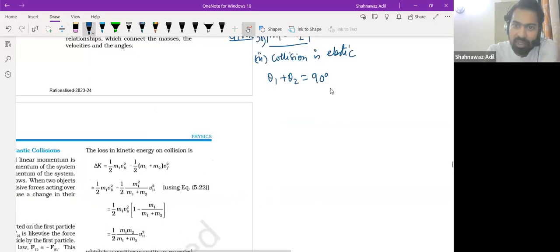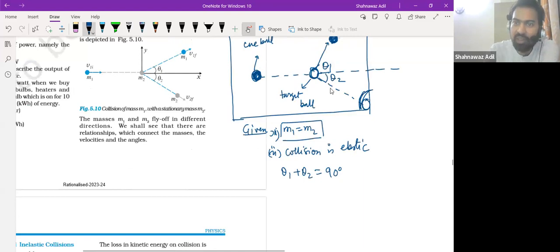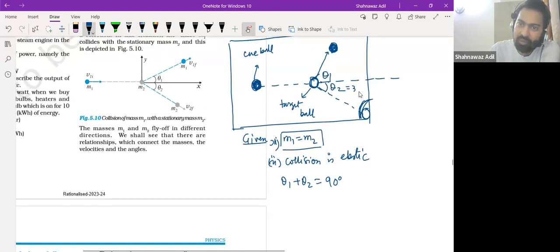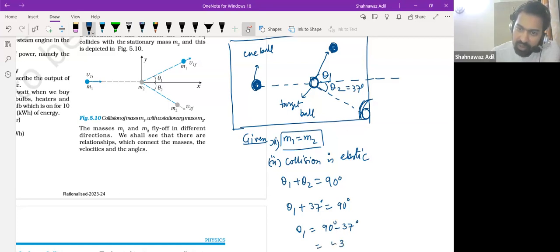Theta 2 is 37 degrees, so theta 1 would be 90 minus 37, which is 53. You see that without doing all those lengthy calculations, we got this, just from the information that the masses are equal.